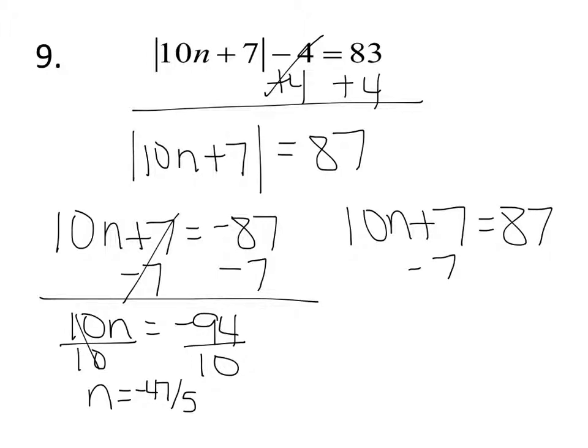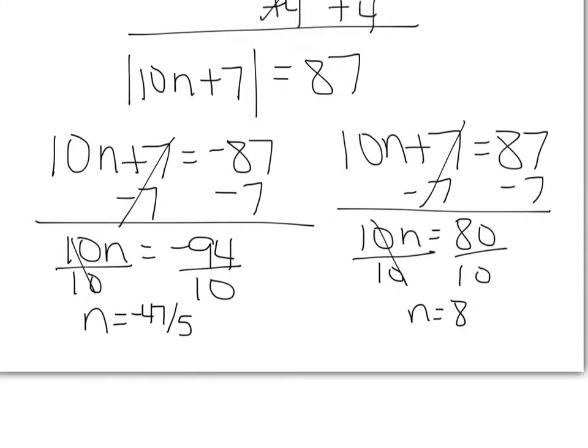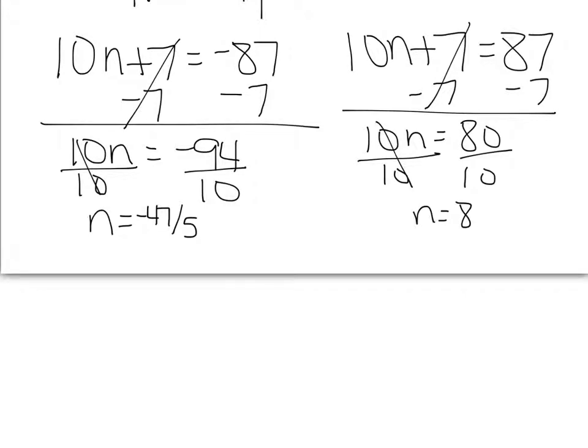And then over here, I'm going to subtract 7 from both sides, giving me 10n is equal to 80. Divide both sides by 10, you get n is equal to 8. So my solution set here is negative 47 over 5 and 8.